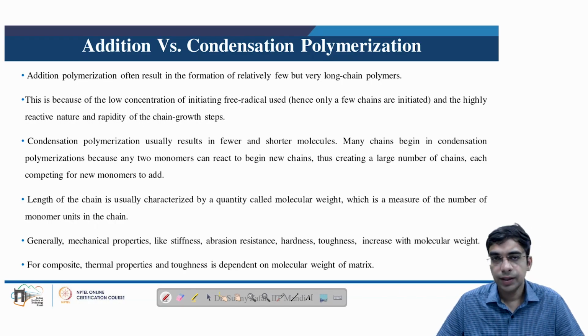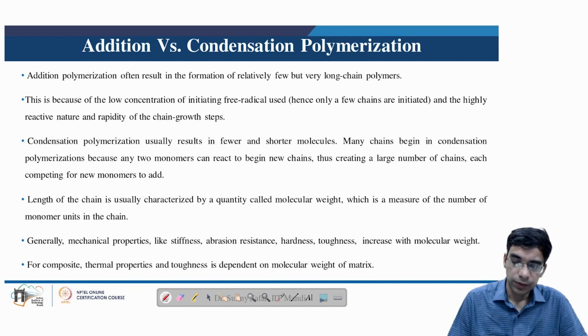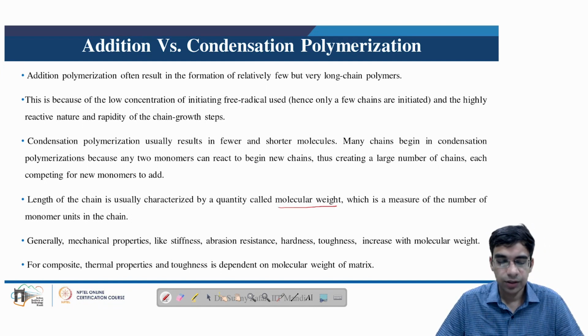On the other hand, condensation polymerization usually results in many shorter molecules. Many chains begin to form because two monomers can react to form new chains, thus creating a large number of chains, each competing for new monomers to add to it. The length of the chain is usually characterized by the molecular weight of the polymer, which is basically a measure of how many monomers are present in the polymer chain.